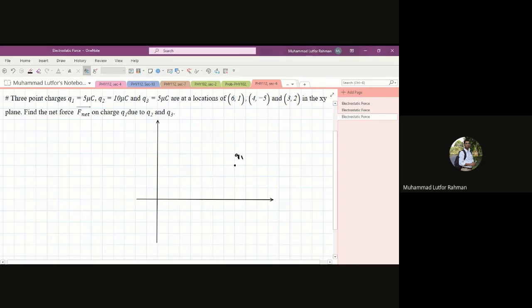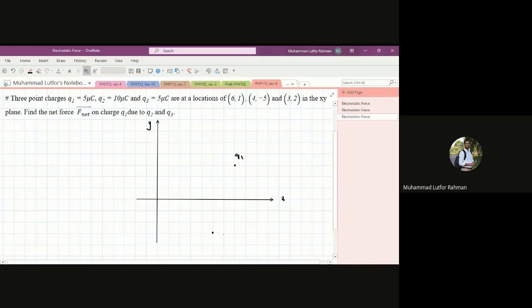And Q2 is at (4, -5). This is my positive x, this is my positive y. So this is 4 and minus 5.